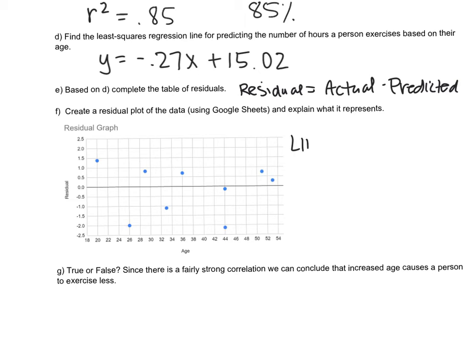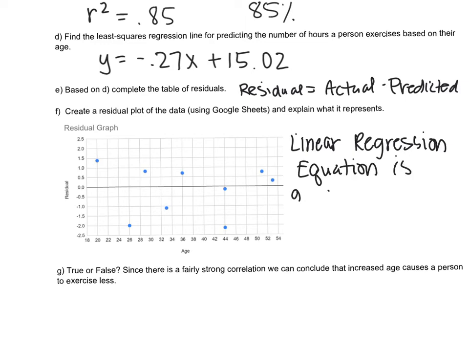So what that tells me is my linear regression equation is a good fit for my data.